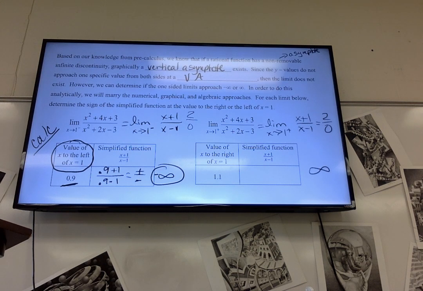So this time, we're picking a point slightly to the right because it has a little plus sign. So 1.1. So on top, positive or negative? Positive. On bottom, positive or negative? Positive. So your answer is positive infinity. And notice that was the same answers we got on the other page.